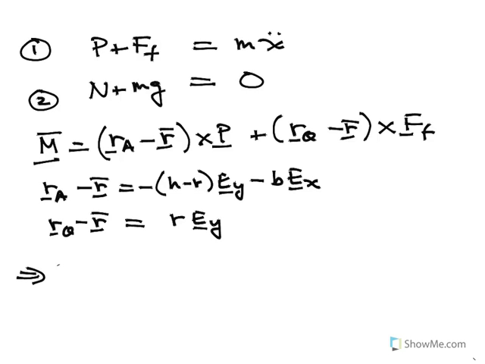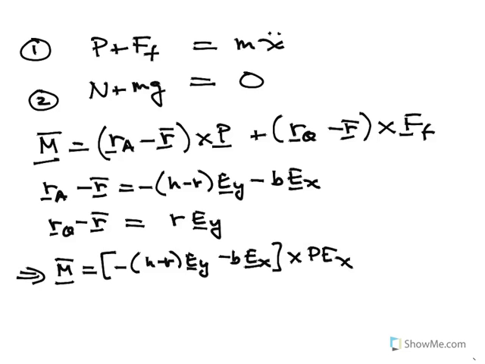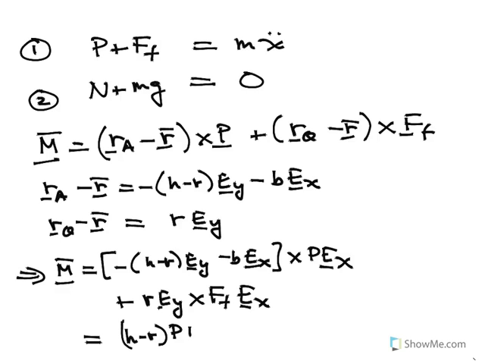So this gives me that the moment relative to the center of mass is equal to minus h minus r ey minus b ex crossed with p ex, and then plus r ey crossed with f sub f ex, which is equal to, well, ey crossed with ex is minus ez, so I get h minus r times p times ez.